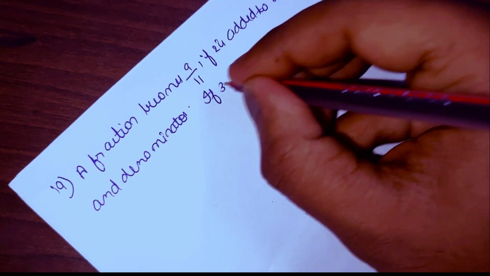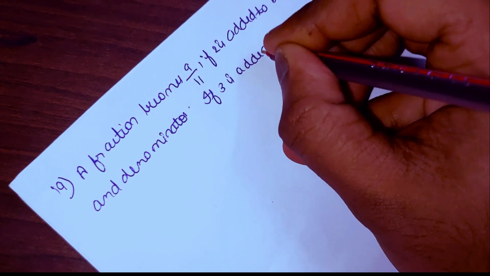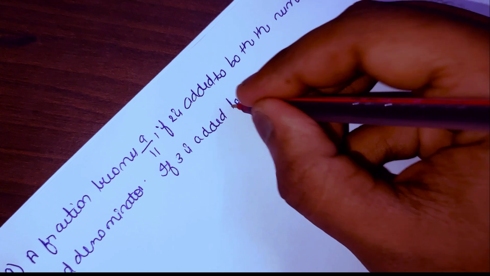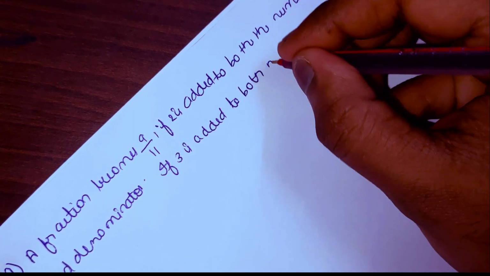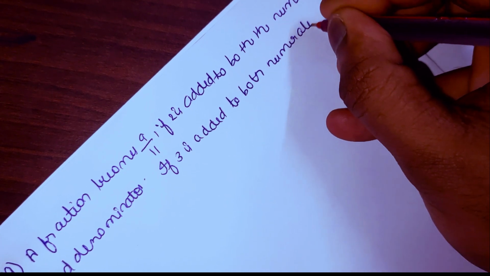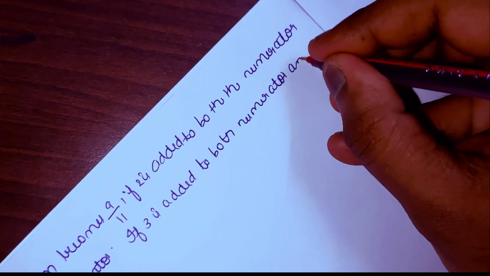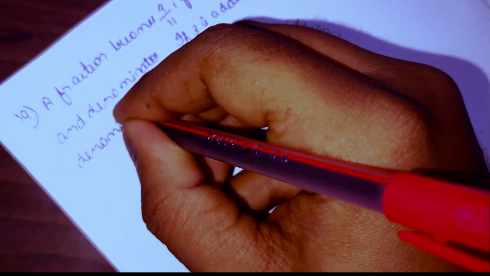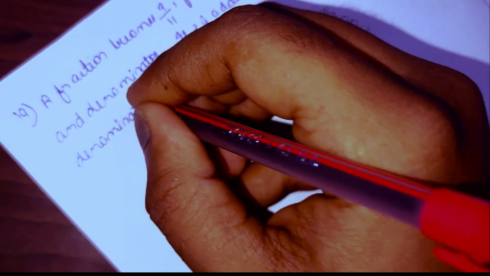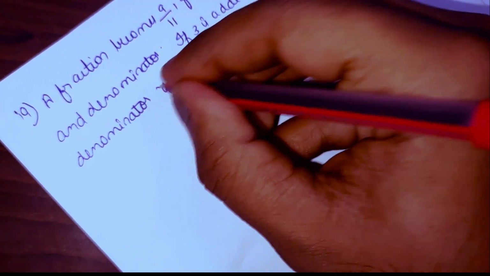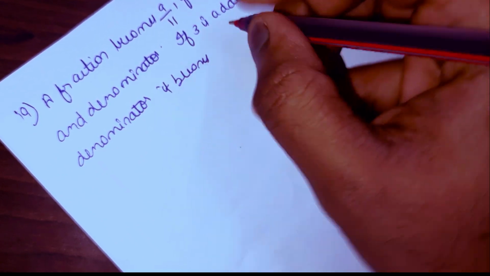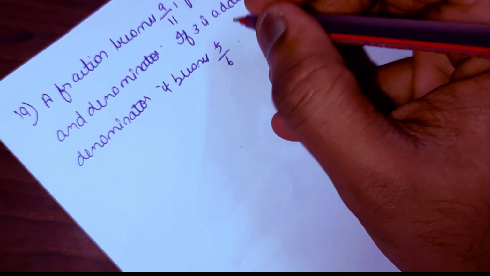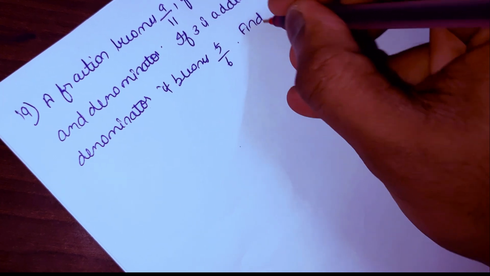If 3 is added to both numerator and denominator, it becomes 5 by 6. Find what that fraction is.